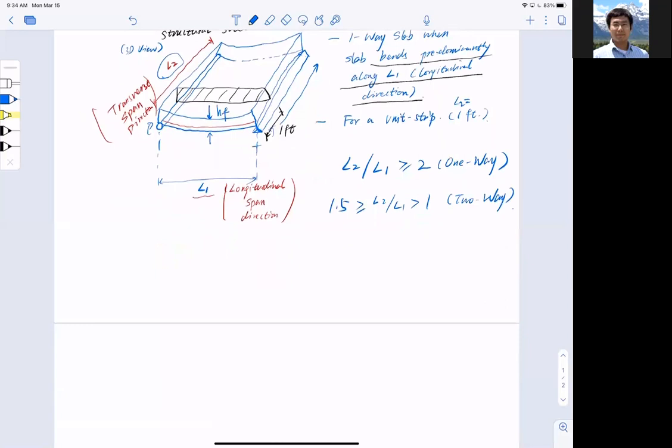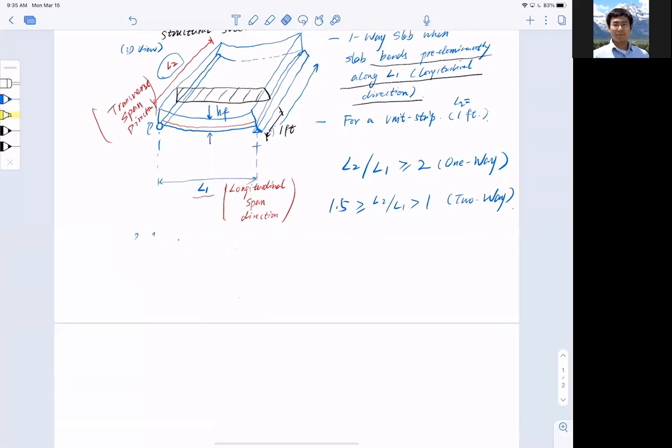So what exactly are we talking about? Here is the situation. When we have one-way, I want to take a look at the top view. This is the 3D view, so how about the top view? One-way essentially is like this, and since it is bending in the L1 direction, my drawing is a little bit imprecise, so let me redraw it.